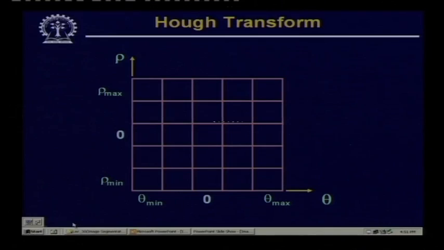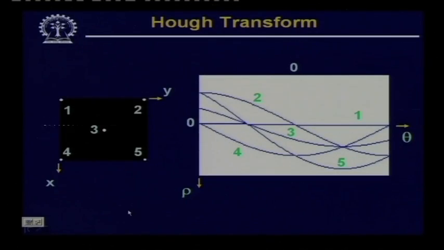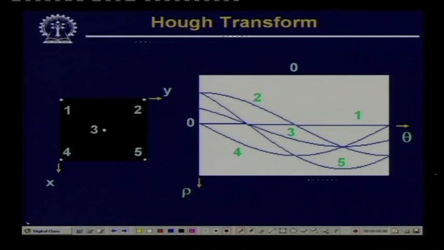Now, let us see by applying this technique what kind of result we can get. Here, what we have shown is, as we have said, that every point in the spatial domain is mapped to a sinusoidal curve in the parameter domain, in the rho theta plane. So, you find that point 1 over here has been mapped to a straight line.